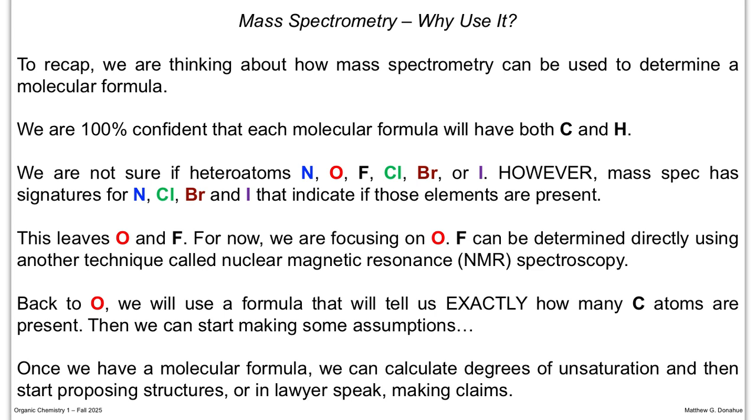As we progress through mass spec into IR, basically what we are looking for is the presence or absence of heteroatoms. And the IR part later today will tell us what functional groups are present.